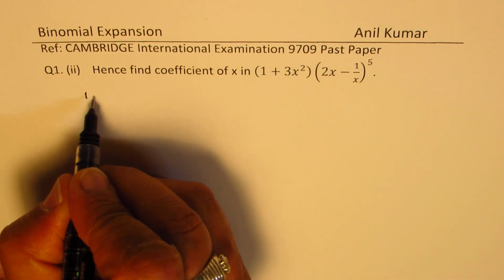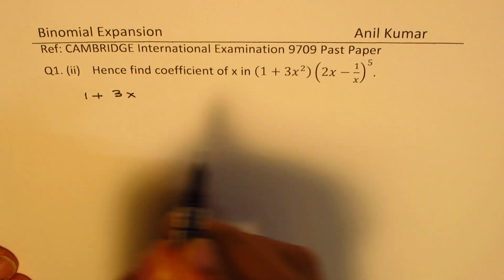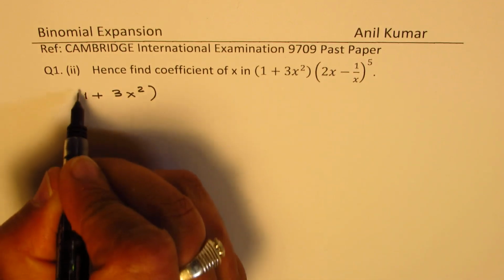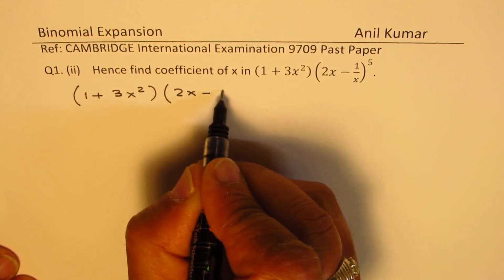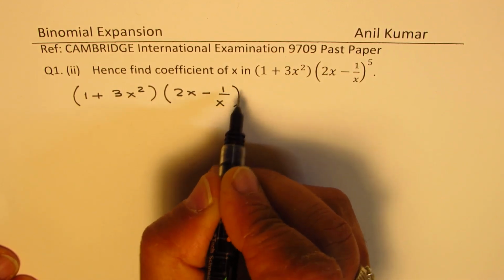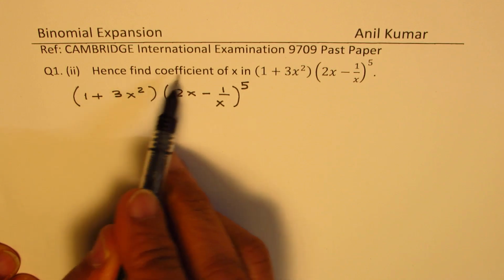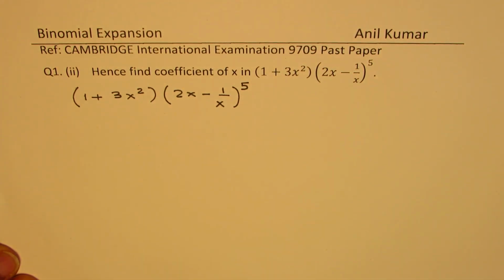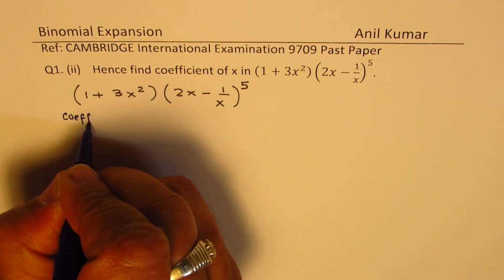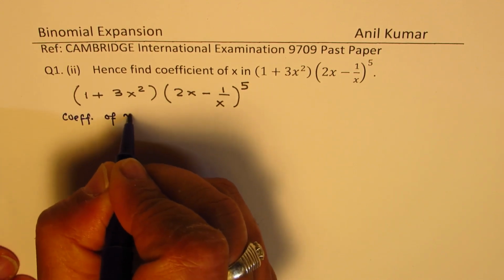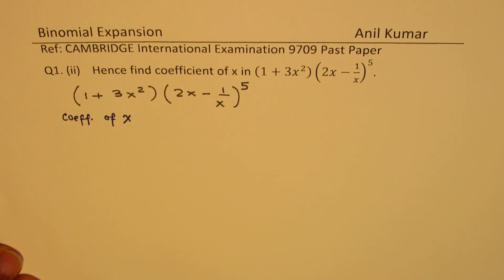So let's look into this expression. We're actually multiplying 1 plus 3x squared with (2x - 1/x)^5. We are looking for the coefficient of x, right? So this is the understanding part. How do you get the coefficient of x?